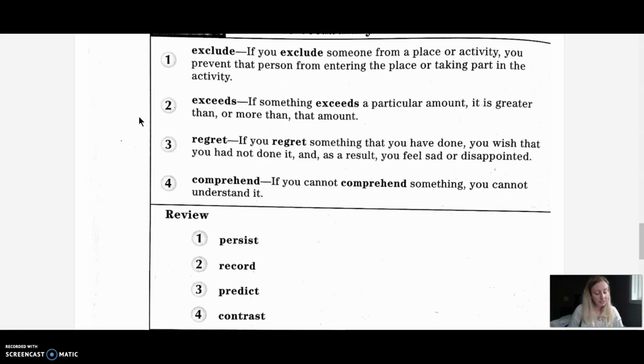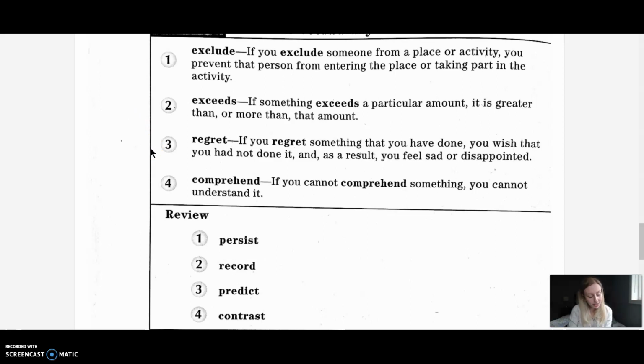Okay, how about this one? If an airline passenger's suitcase exceeds 50 pounds, is the weight more than or less than 50? More, right? So the suitcase exceeds it. It's more than 50 pounds. Okay, next word, regret.